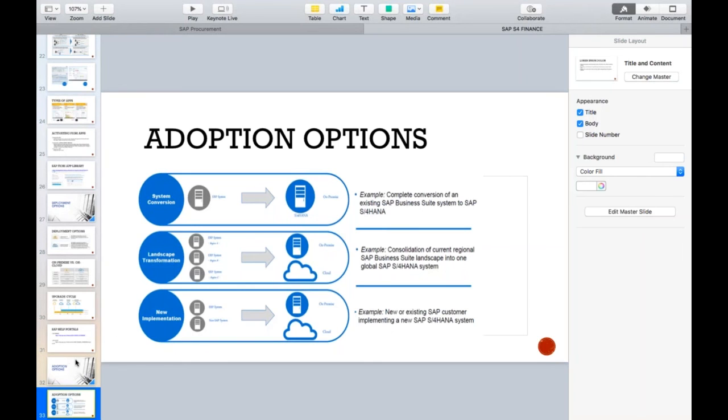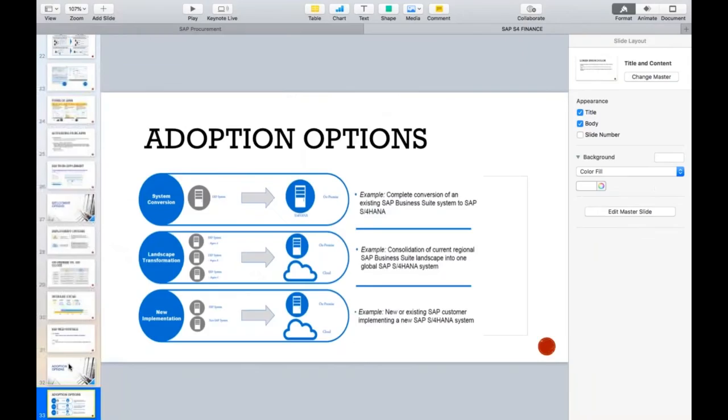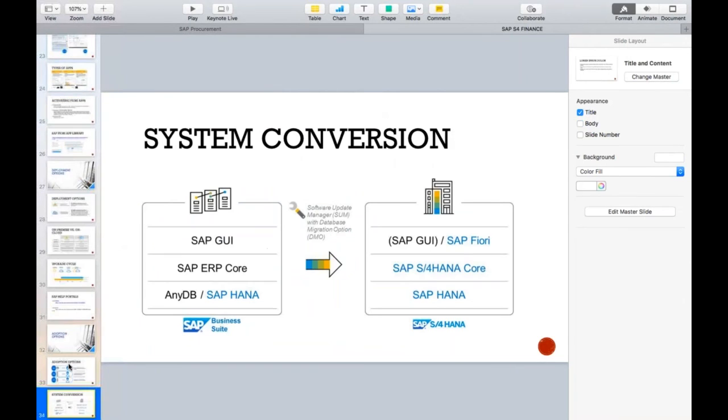Okay, one slide on each. What is system conversion? System conversion means you are already using an SAP ECC system, which is SAP Business Suite, running on the old SAP GUI. The core system is SAP ERP core, and you might already be using the SAP HANA database, or any other database.